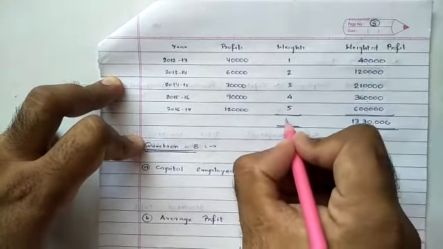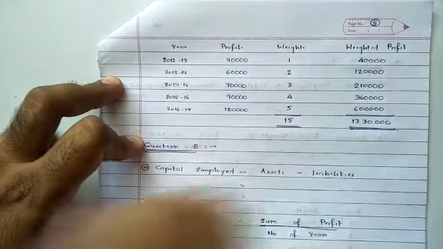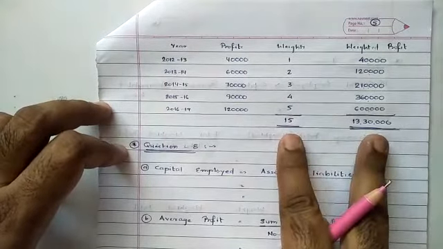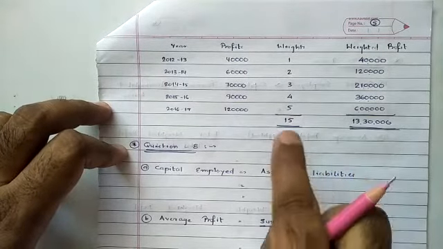The sum total of weights, 1 plus 2 plus 3 plus 4 plus 5, gives 15. Applying this in our formula, 13,30,000 total weighted profit divided by total of weights 15.